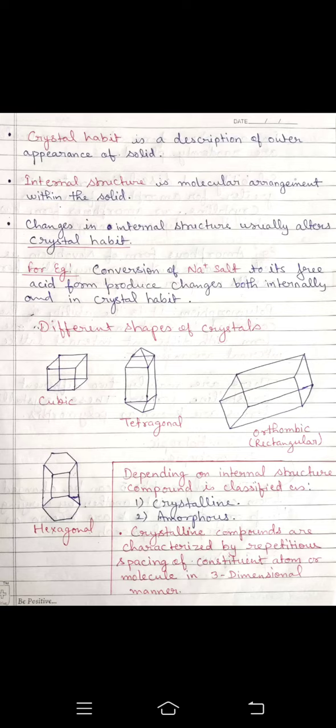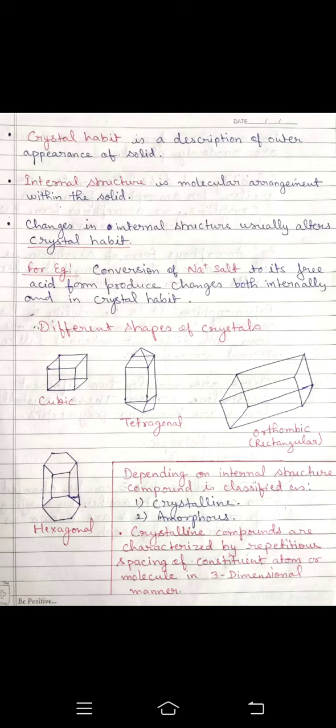The outer layer of a crystal is known as crystal habit, and the internal arrangement in the molecule is known as internal structure, and changes in the internal structure usually alter the crystal habit. For example, conversion of sodium salt to its free acid form produces changes both internally and in crystal habit.